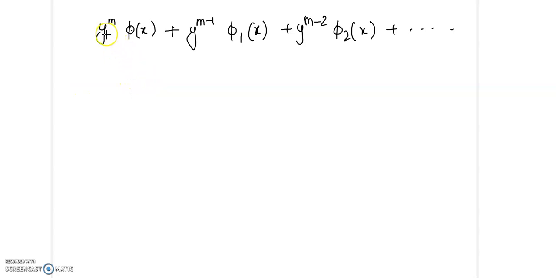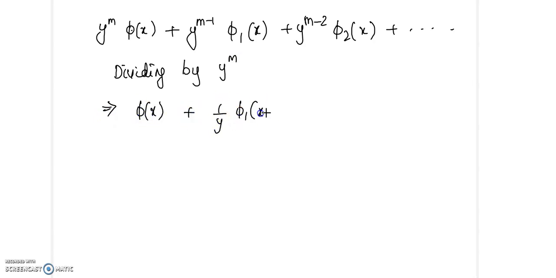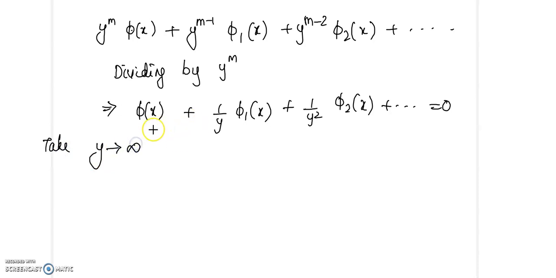Here you divide by y power m. Dividing by y power m gives phi of x plus 1 by y phi 1 of x plus 1 by y square phi 2 of x plus etc. equal to 0, and take the limit as y tends to infinity.